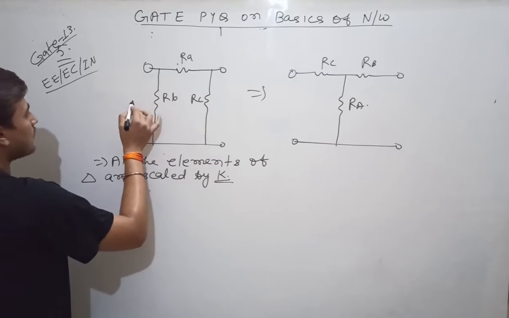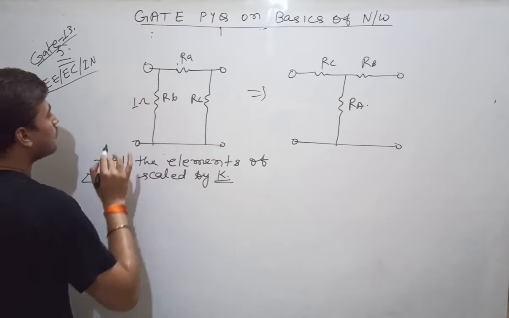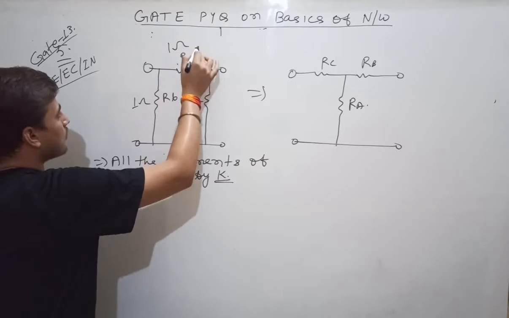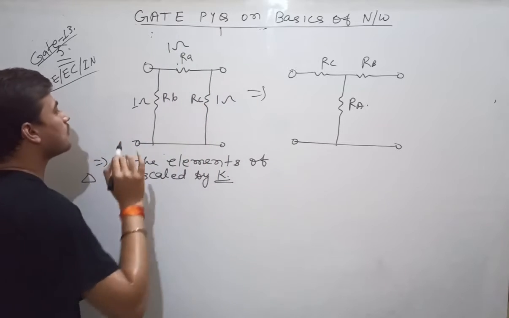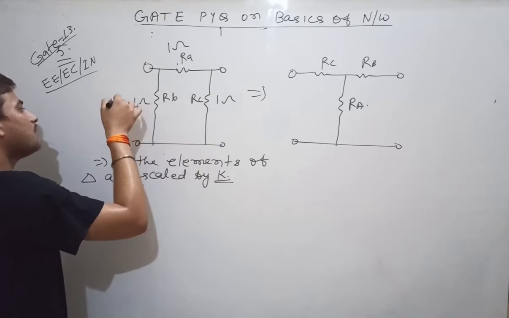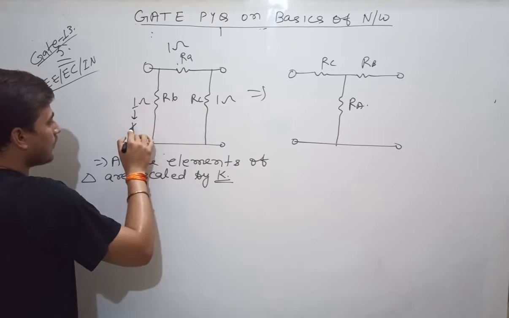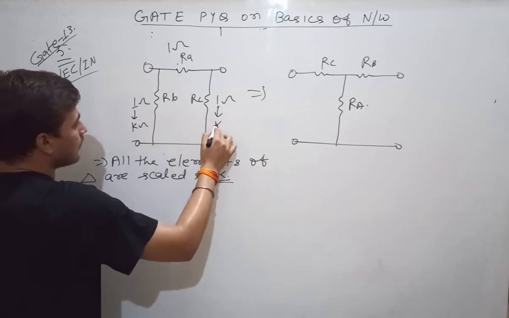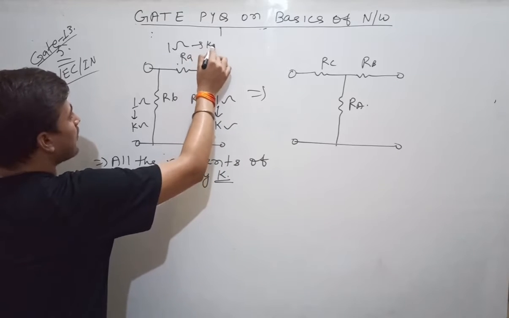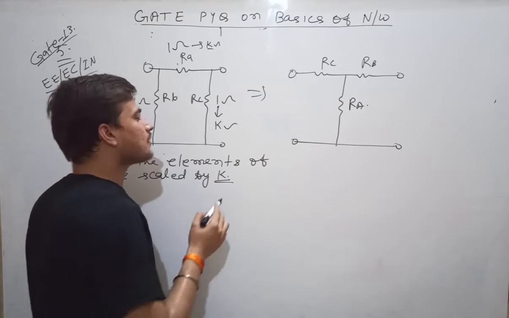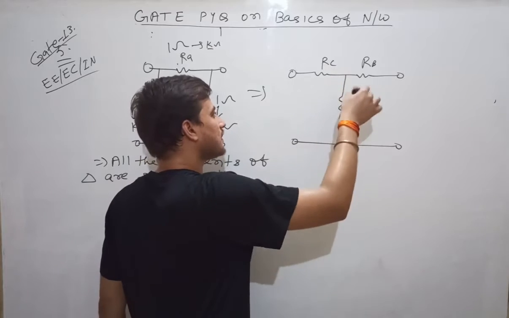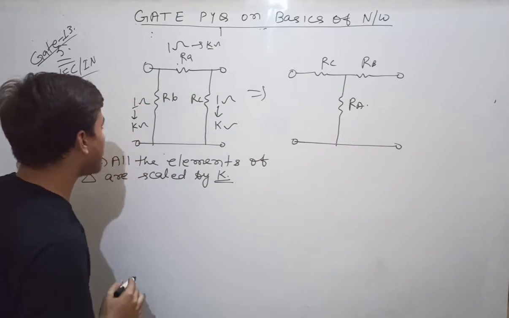Suppose here the resistance was 1 ohm, here also 1 ohm, here also 1 ohm, then it is being multiplied by a factor of k. That means the resistances will become k ohm each. So what will be the effect on these equivalent star resistances?